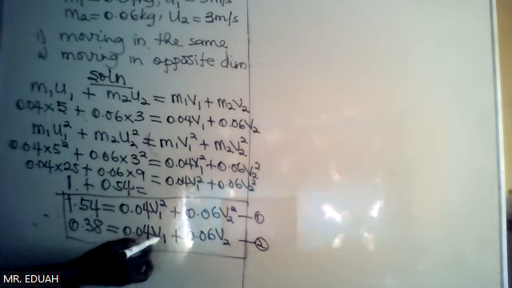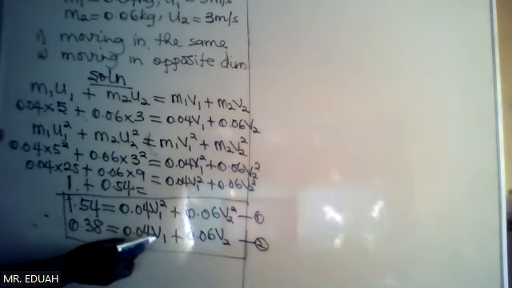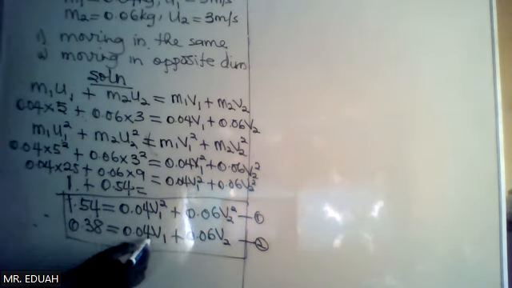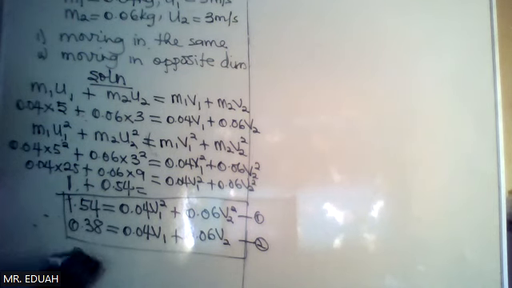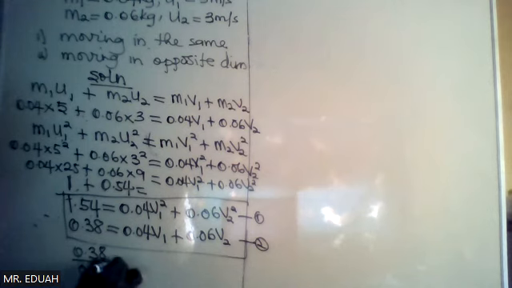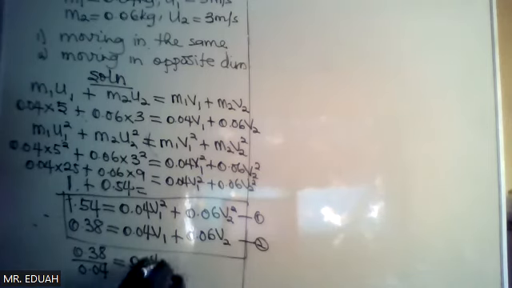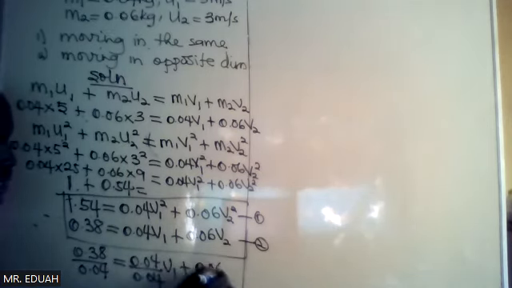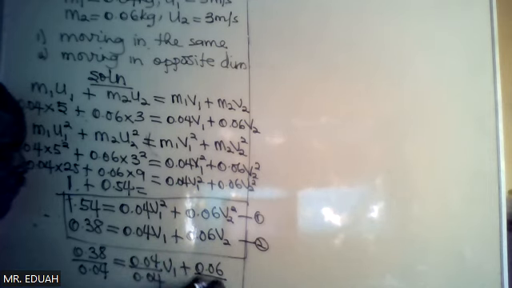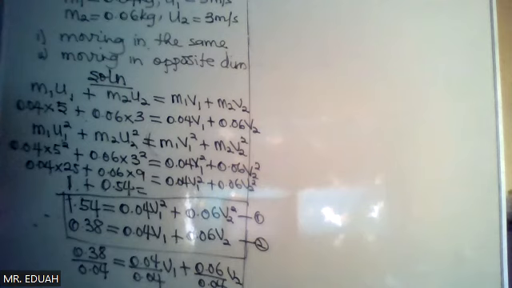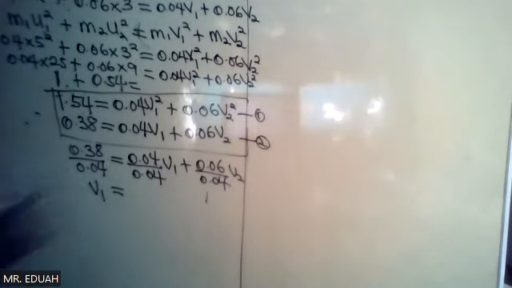Because I want us to make V1 the subject from equation 2, we'll divide through by 0.04. So when we divide through by 0.04, we have 0.38 divided by 0.04 is equal to 0.04 divided by the same thing, V1, plus 0.06 divided by 0.04 V2. So that V1 will be equal to, please, what is 0.38 divided by 0.04?